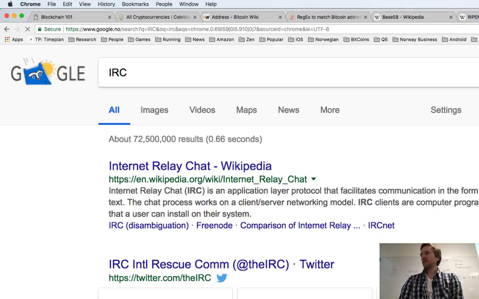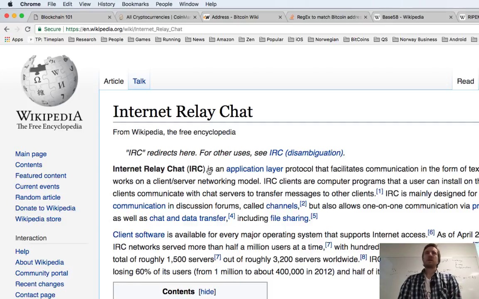Internet relay chat. It's a network of servers which are all connected to each other, and they relay text messages between users. You can have peer-to-peer messaging for direct messaging between the peers, or you can have one-to-many messaging through the servers.